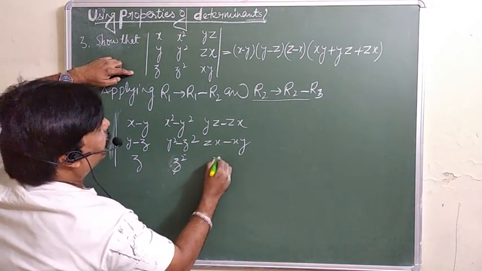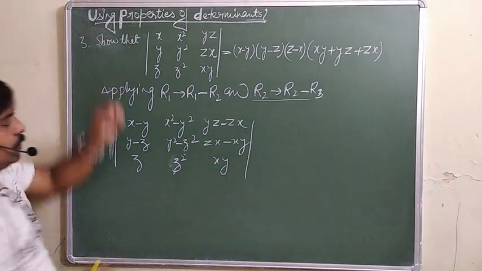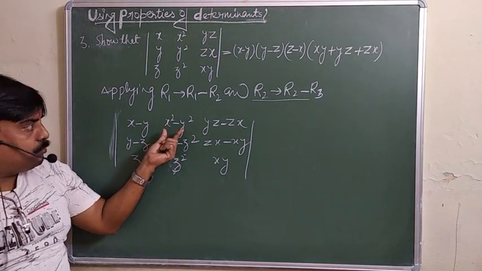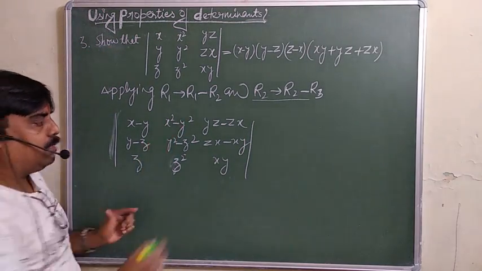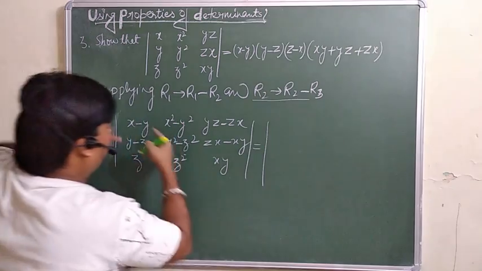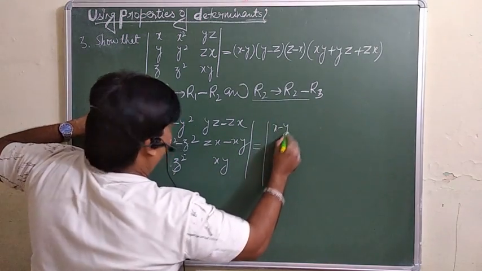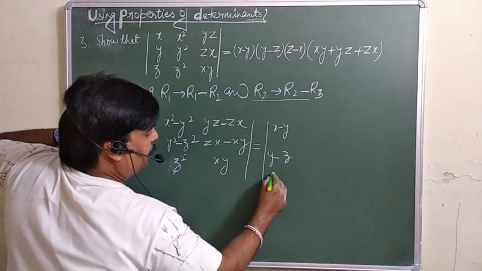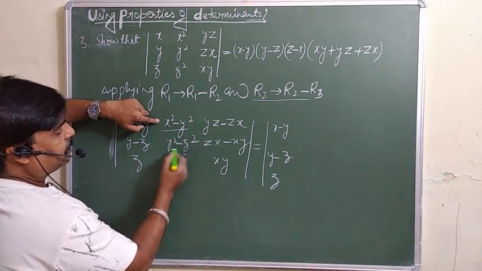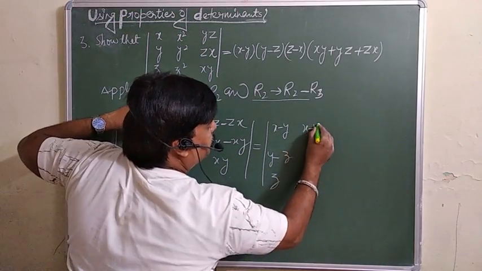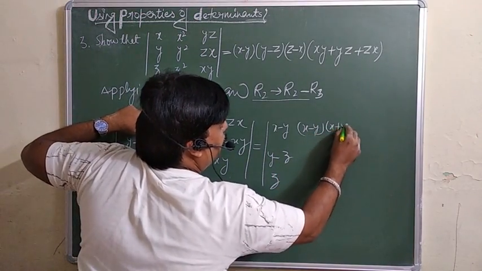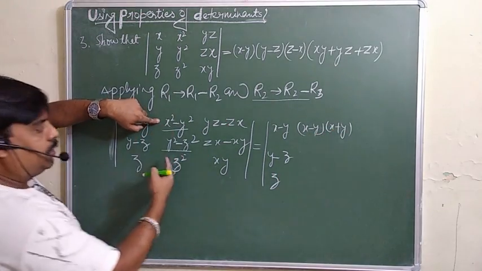And this third row will remain as it is: z, z square, and xy. See now, this x square minus y square is like a square minus b square, so it can be written as x minus y times x plus y, a square minus b square, which we are applying.